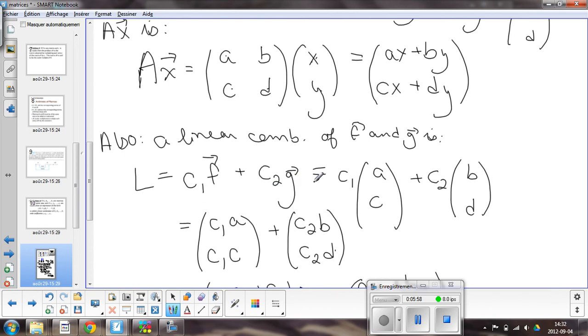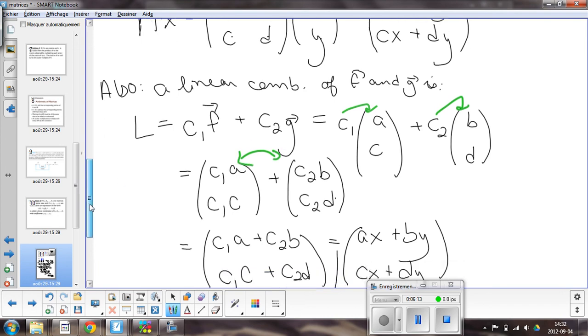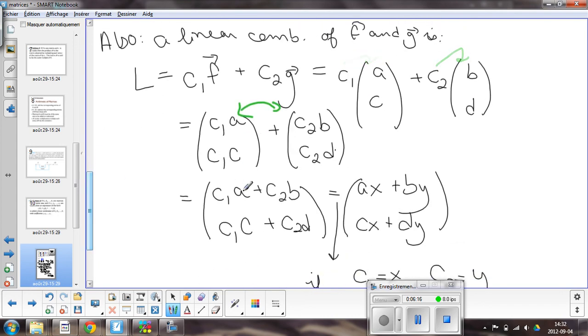We've just seen the definition, so that's what a linear combination is. Okay, well, let me do the operations. I know how to multiply a scalar by a matrix, so I just did that, and then I know how to add these two things, because we've seen how to add matrices, so here we are. So that's the linear combination, and that's AX.